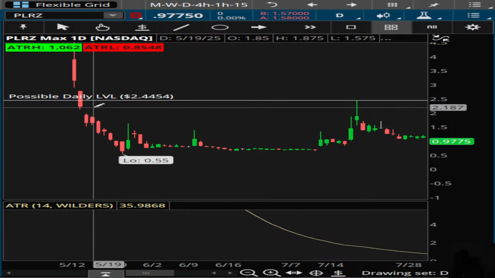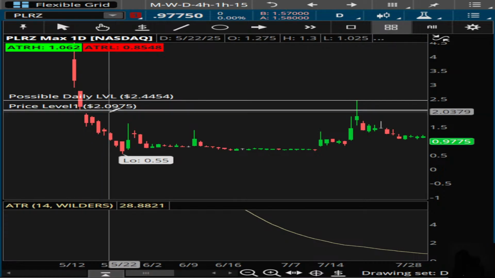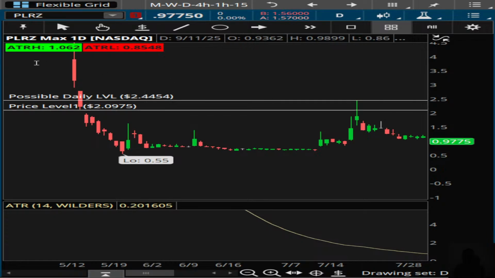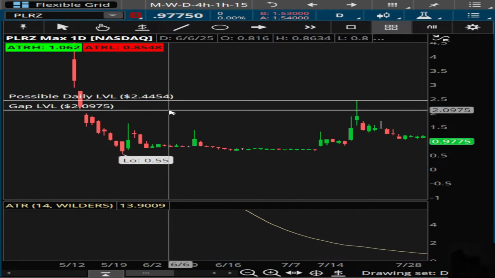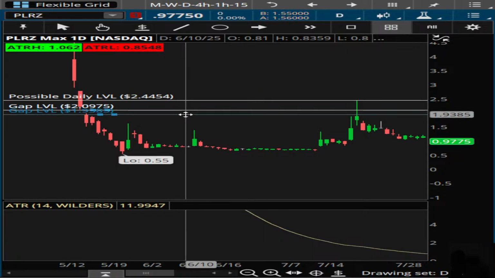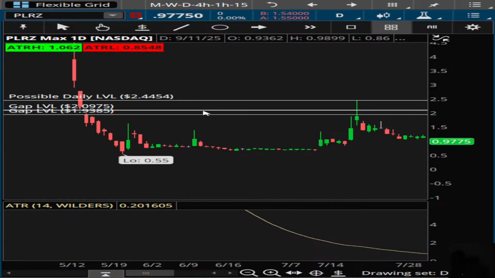So let me edit and put in here gap level. So we got our gaps. I duplicate that, so we want to get that whole gap in there.